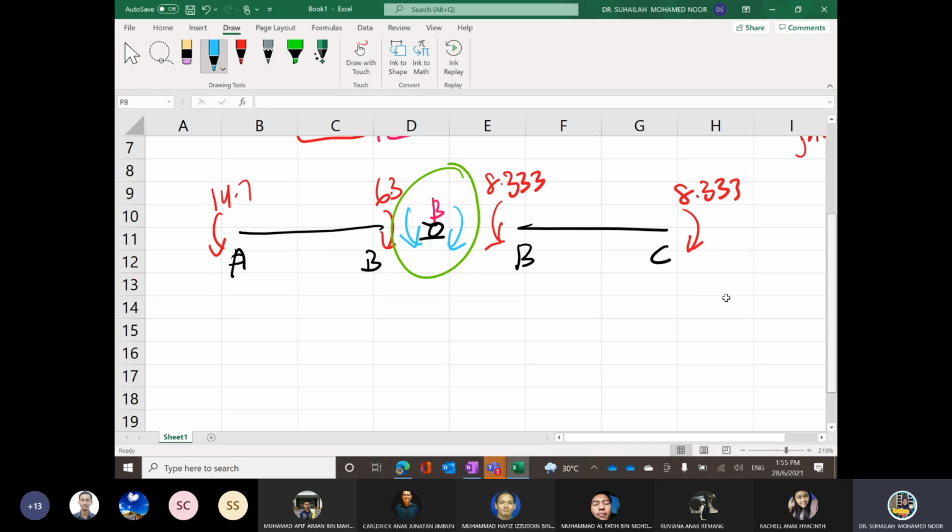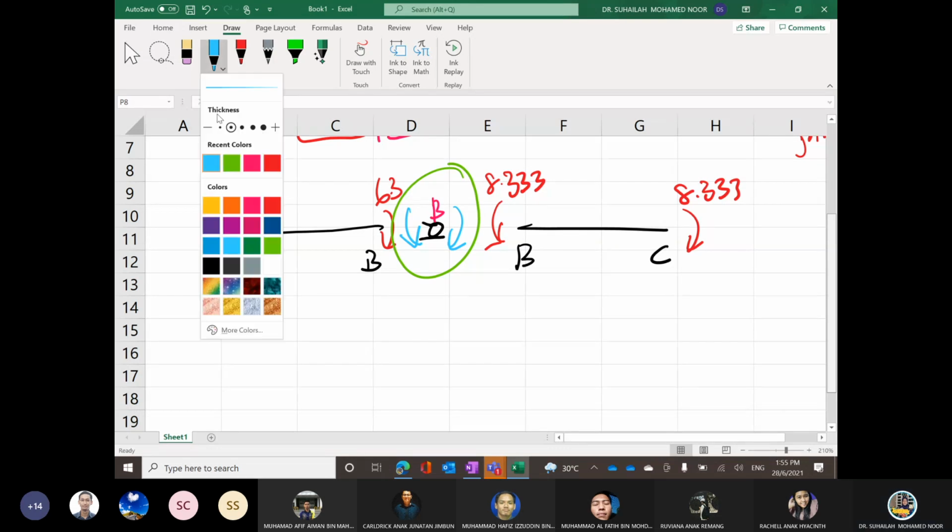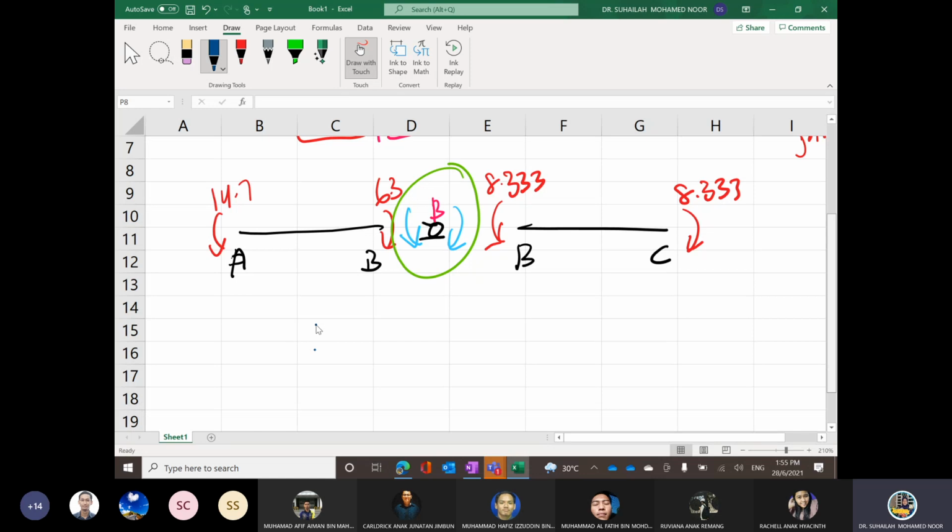So what is the process? The process in the table is like this. It is negative to represent the opposite condition of joint moment.